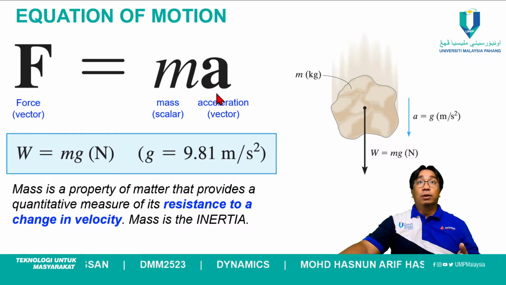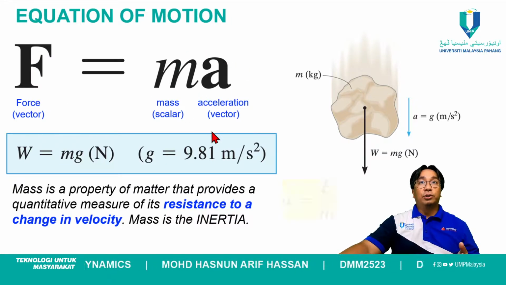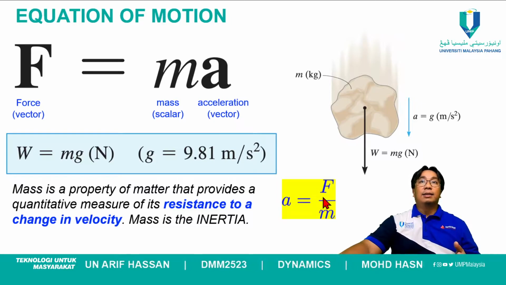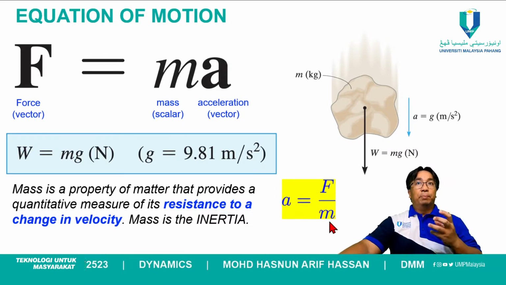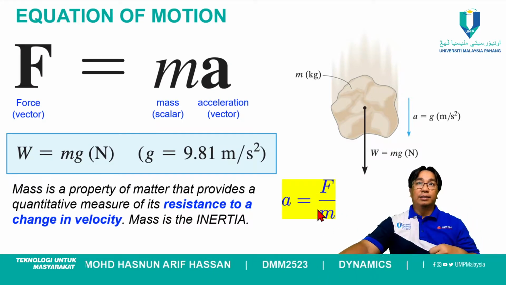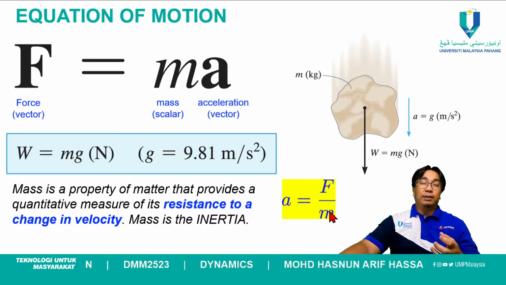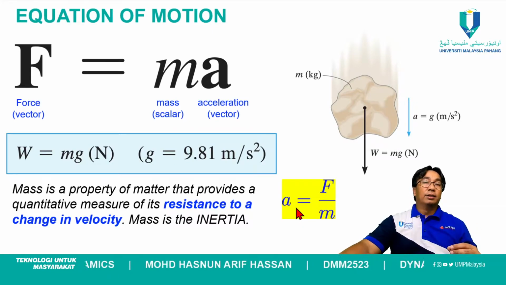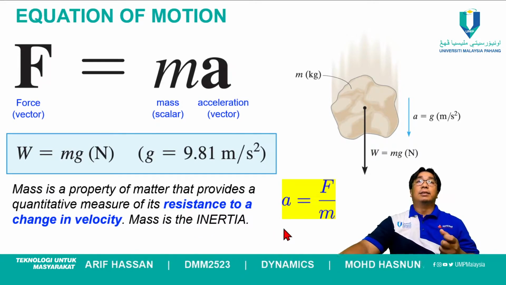If you take this equation of motion and rearrange, you will see that the acceleration a is equal to the force over the mass. So the bigger the mass down here, mass is the one being the denominator di bawah pecahan ini. If the mass is a large number, then the acceleration will become smaller. So mass is the one that resists the change of motion.